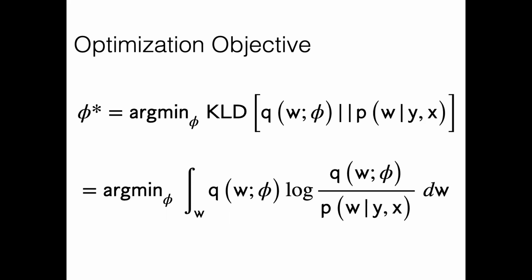Sorry, this should be inverse. Okay, so here I just broke this apart into the Q(W), which is the same, and then I rewrote the posterior using Bayes' rule, but I flipped the arrangement because it's in the denominator.